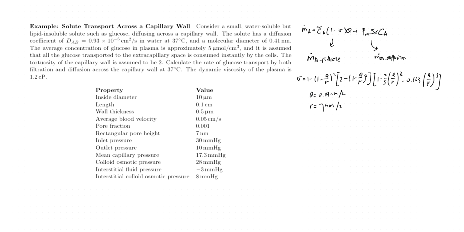So a divided by r is these two ratios, and if you plug in, you will get σ. It's a pretty small number. Okay, now we still need to collect a lot of things. Let's do it one by one. We can figure out the hydraulic conductance.